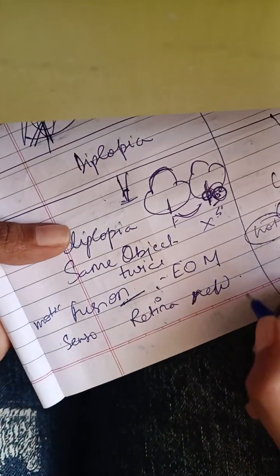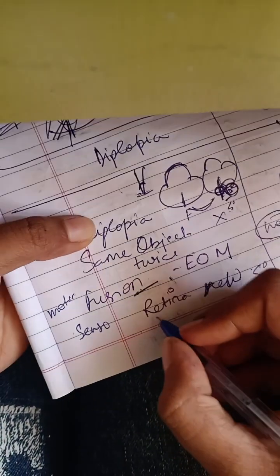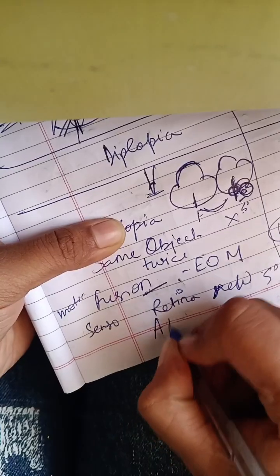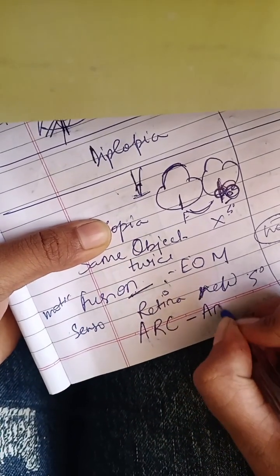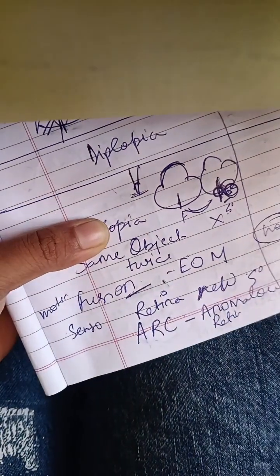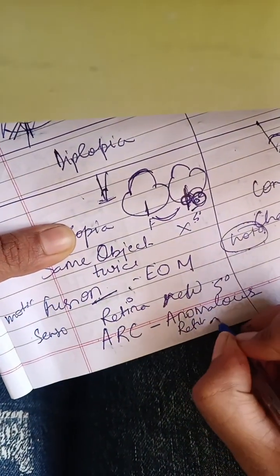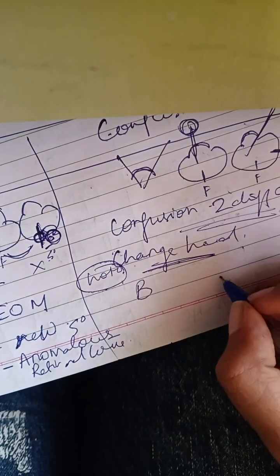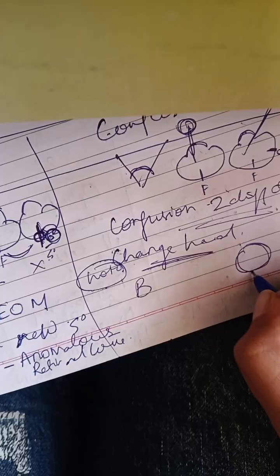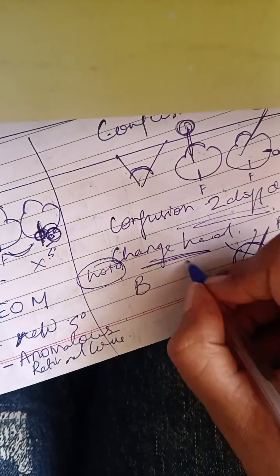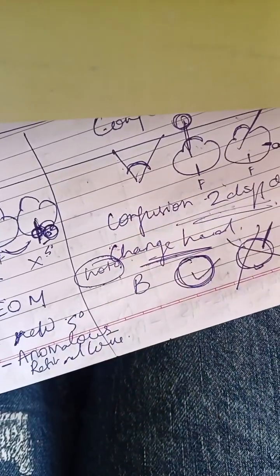Up to a 5-degree deviation, if it is there, this is called ARC, anomalous retinal correspondence, because it is anomalous, it is not normal. Then over here your brain says that if this eye is faulty and giving me a bad image, then I will completely ignore this eye and take the image only from the correct eye.